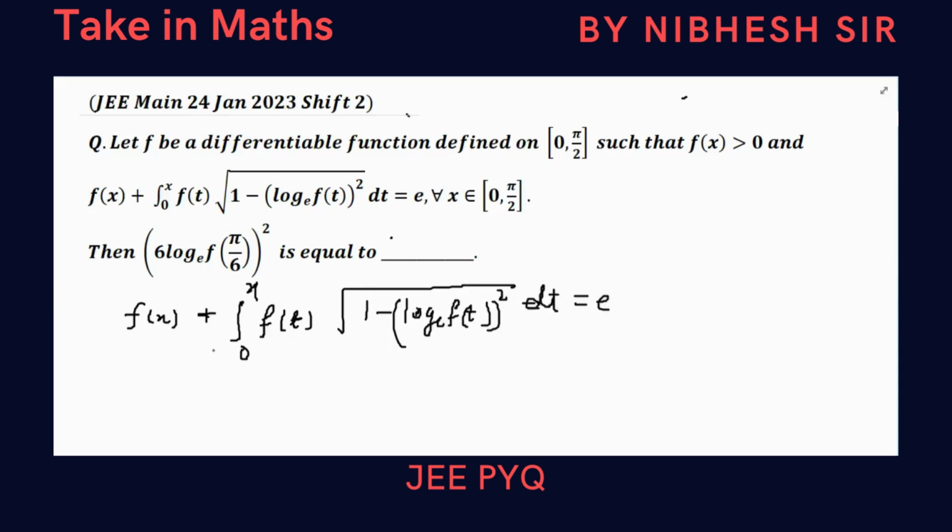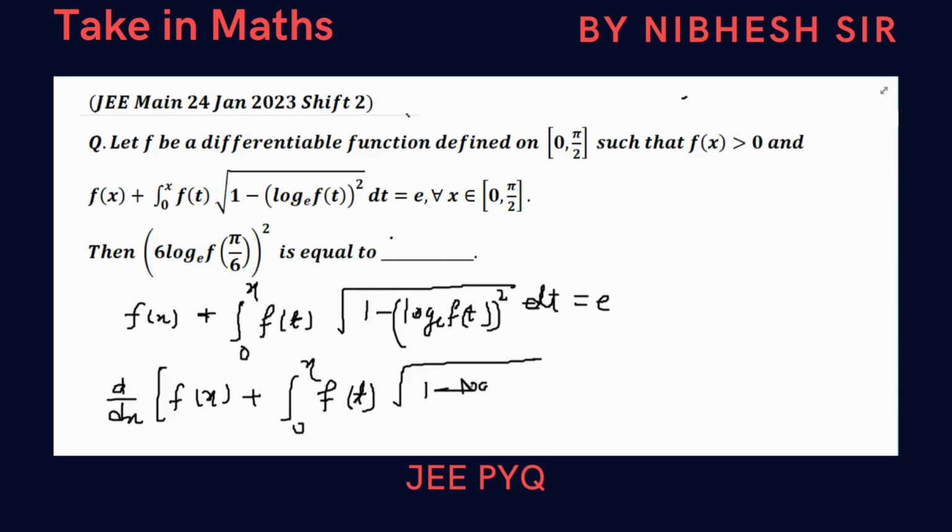So differentiating both sides, I write here f of x plus the integration from 0 to x of f of t, under root 1 minus log base e f of t the whole square, dt, and this side we have d y d x.